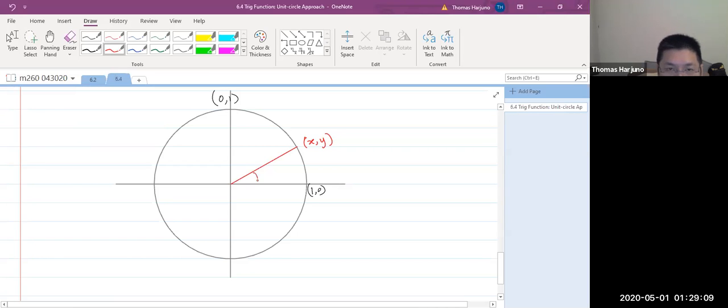Suppose this is angle theta. Let me use another color. So can you tell me what is this coordinate in terms of theta?